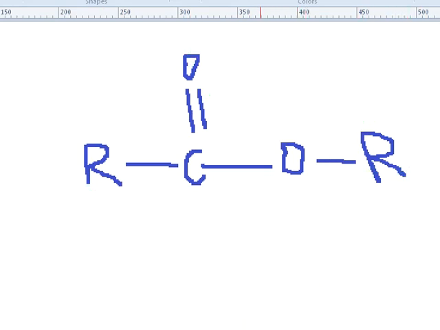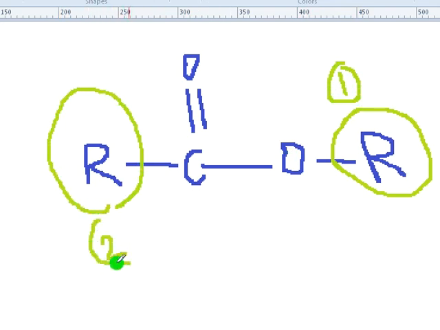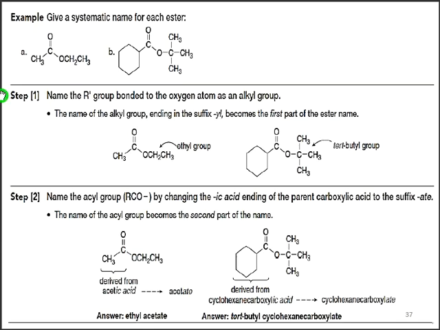Firstly, you have to name the alkyl group directly bonded to the oxygen, and this is number 1, and then you have to name the alkyl group bonded to the carbonyl.